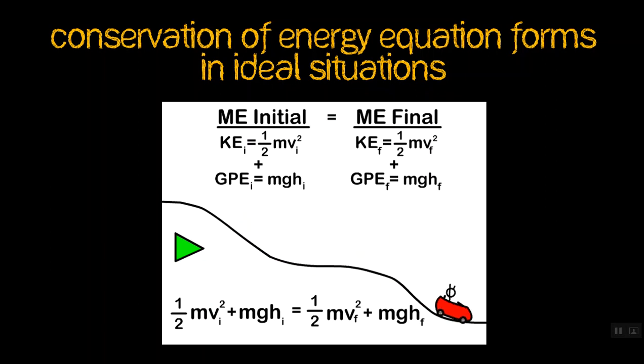So the car hits something there at the bottom. Okay, so the total mechanical energy at the top is equal to the total mechanical energy at the bottom. And in short, in a scenario like this, if there's no friction and no applied force, then the potential energy at the top is equal to the kinetic energy at the bottom.